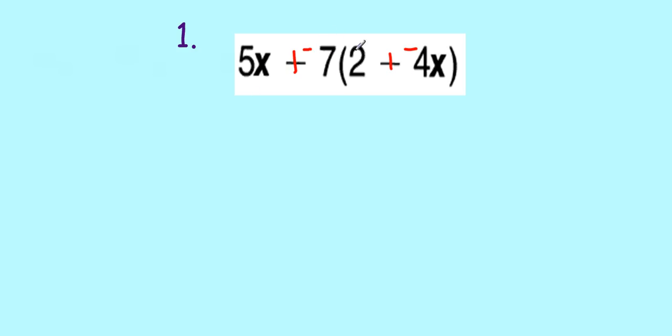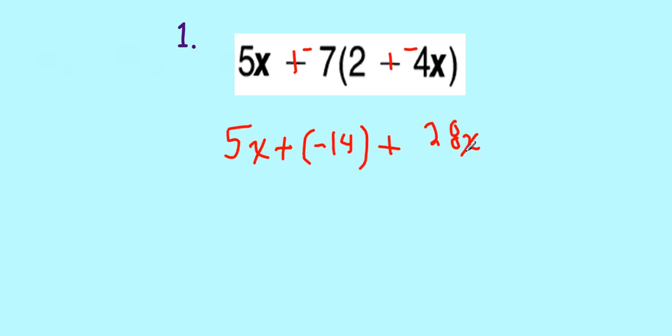We got to take negative 7 times whatever's inside parentheses. So we bring down the 5x plus, now, negative 7 times 2 is negative 14. Plus, and negative 7 times negative 4 is 28x.